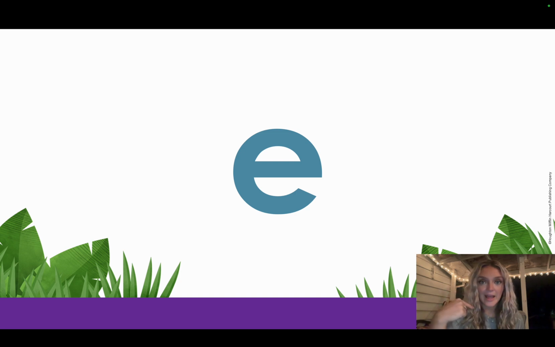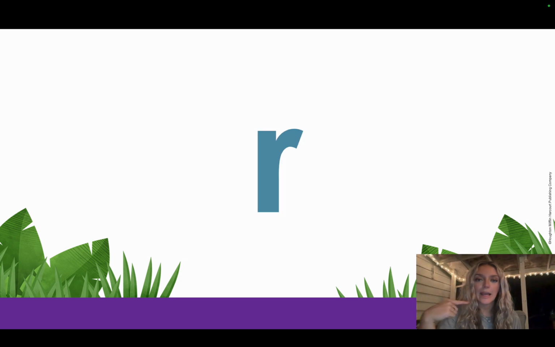Word that starts with E. Elephant. Letter R. Sound. Word that starts with R. How about rake? Like in fall, you rake up the leaves.